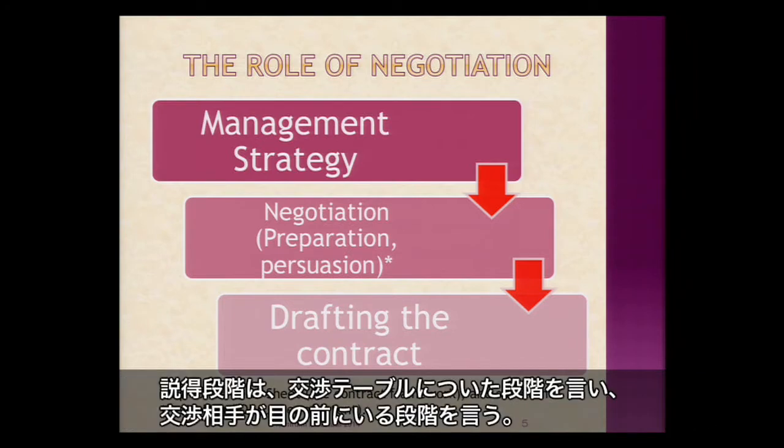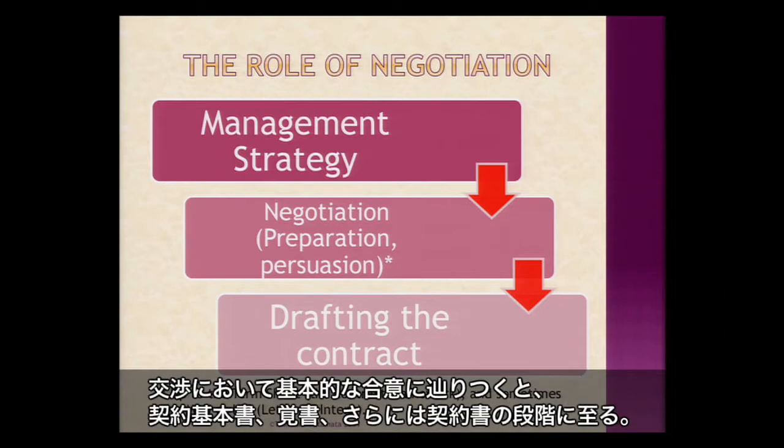The persuasion stage refers to the stage of the negotiation table, sitting right across from your negotiation counterpart. After arriving at the basic agreement through negotiation, one will finally progress to the contract drafting stage, typically a term sheet or memorandum of understanding.